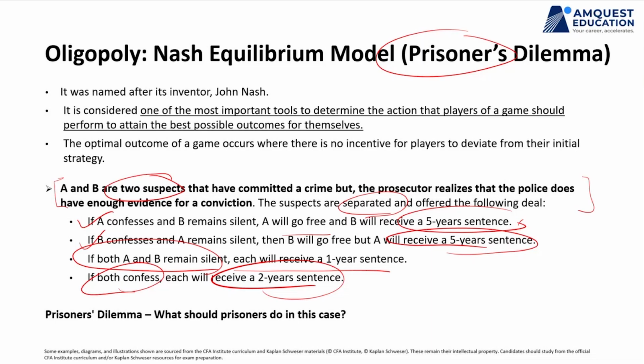So you tell me what's the best case scenario? Both don't confess. If both are silent and strong on the word, they both will be freed within a few months or a year. But if one of them acts overly smart, then 5 years, 2 years sentence is a big deal, right? So that is called the prisoner's dilemma.